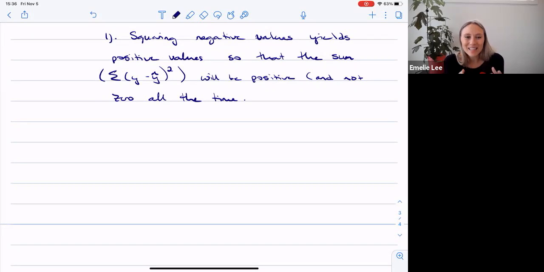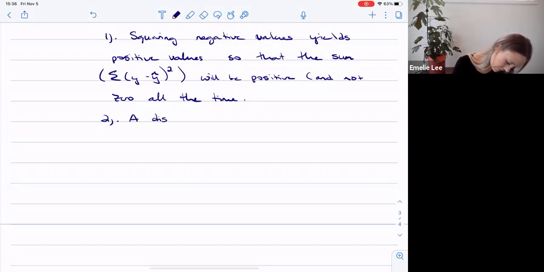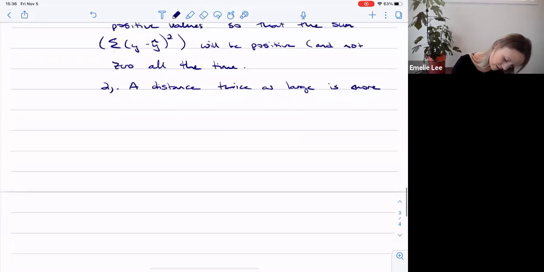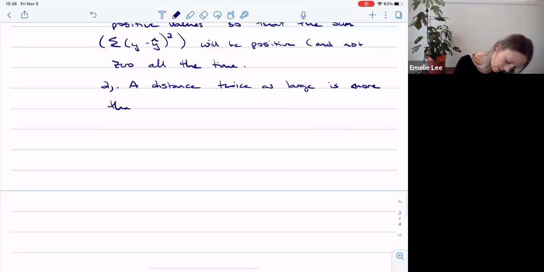But the second reason is why we don't do that. Squaring a distance that's twice as large is going to highlight that a distance twice as large is more than twice as bad.